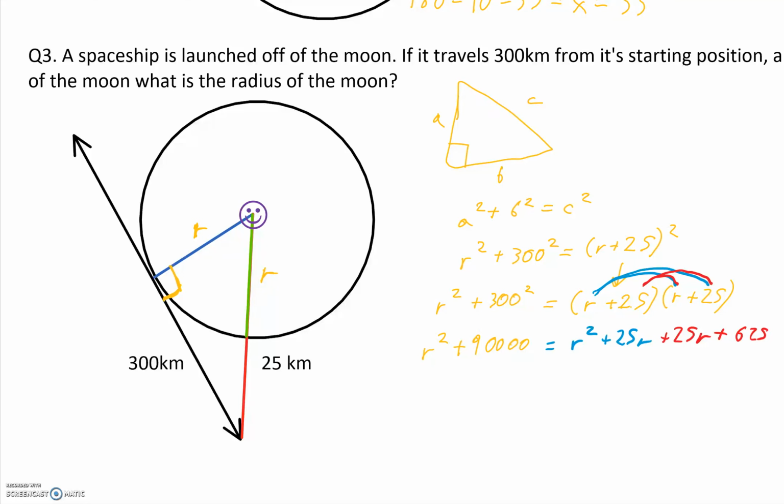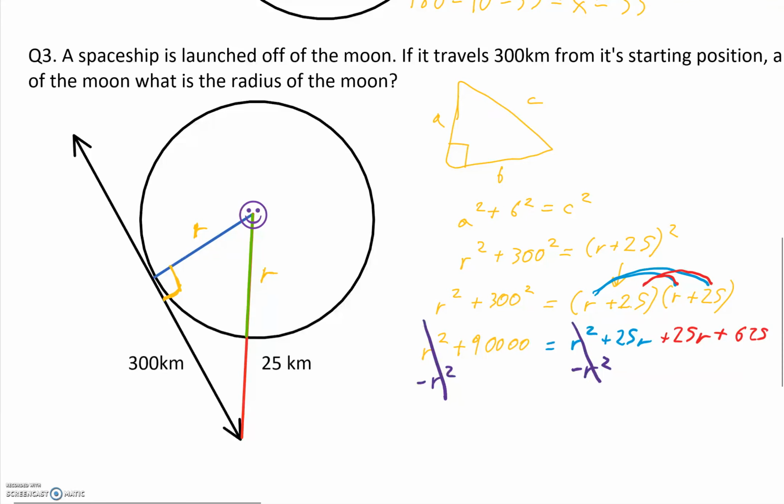And what's really amazing here, this is going to blow some of your minds, but we get to, look, minus r squared. And if we do it to one side, we have to do it to the other, minus r squared. Now what's amazing is it cancels on both sides. Okay, that's awesome because now it's really simple math.